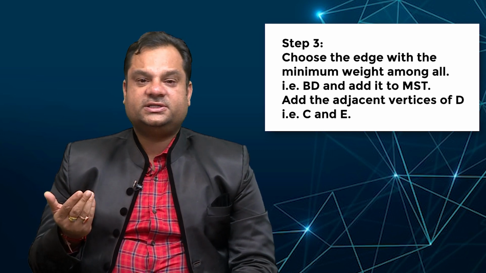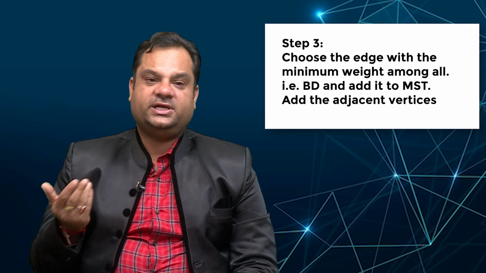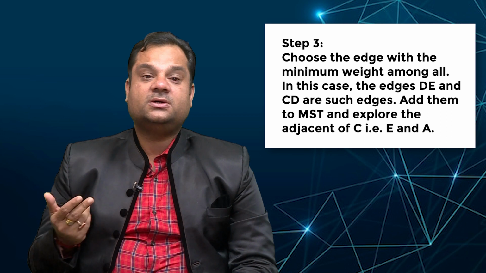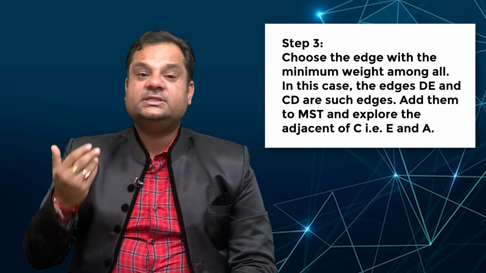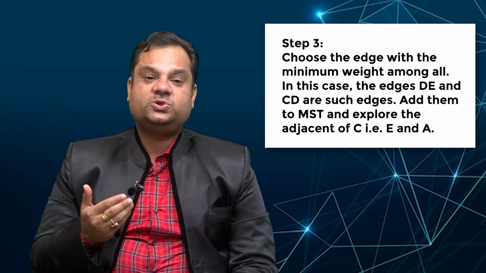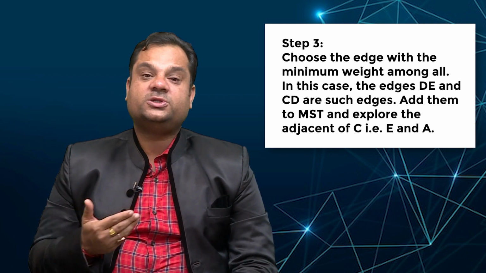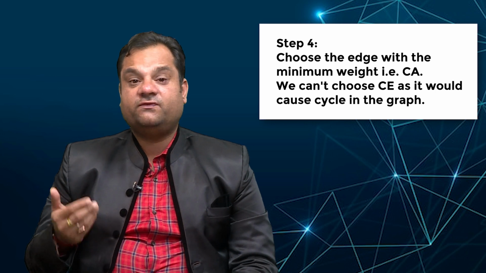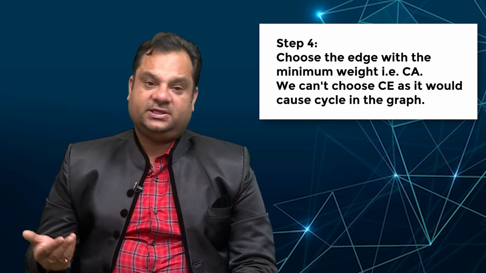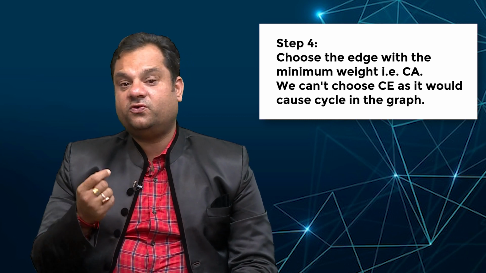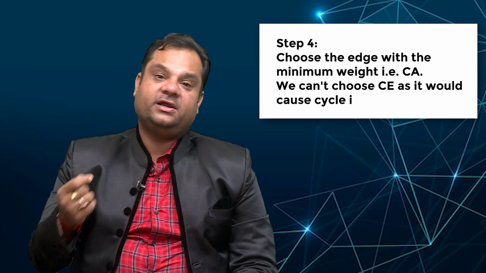Add the adjacent vertices to D also, that is C and E. In step 3, choose the edge with the minimum weight among all. In this case, the edges DE and CD are such edges. Add them to the minimum spanning tree and explore the adjacent vertices of C, that is E and A. Now step 4, choose the edge with the minimum weight, CA. We can't choose CE as it would cause a cycle in the graph.